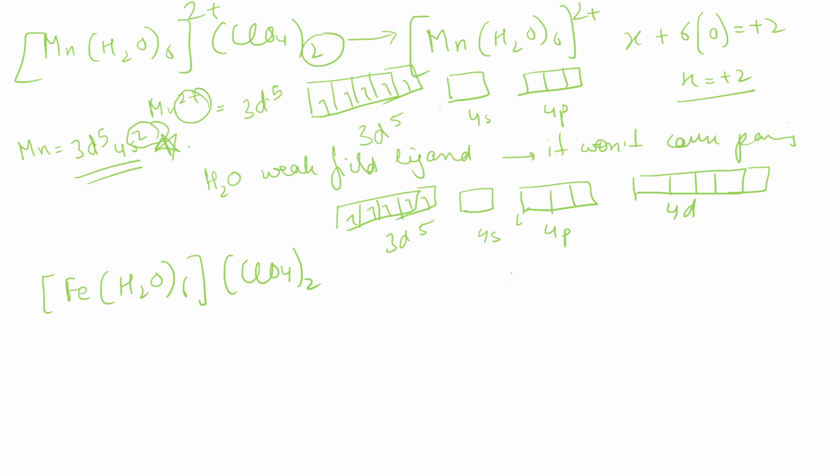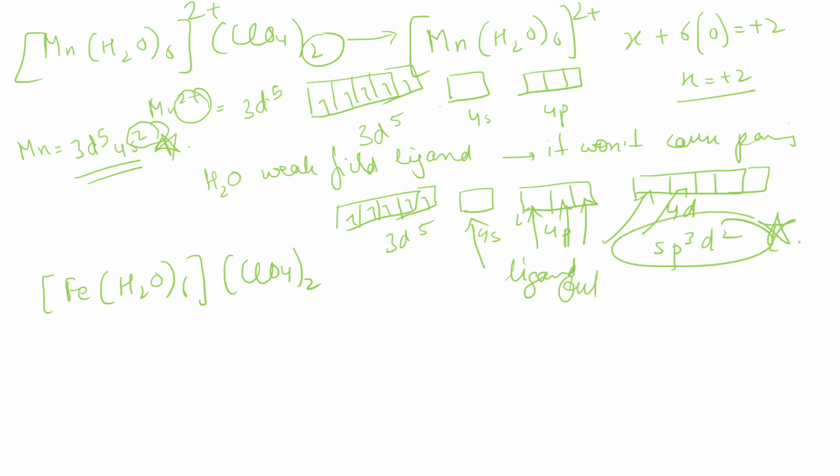So the ligand electrons will be filled in these, like that. So sp3d2 will be the hybridization for this complex, and it will be an outer orbital complex. Similarly, I was talking about if unpaired electrons are present: since all 5 electrons are unpaired, the complex is paramagnetic.